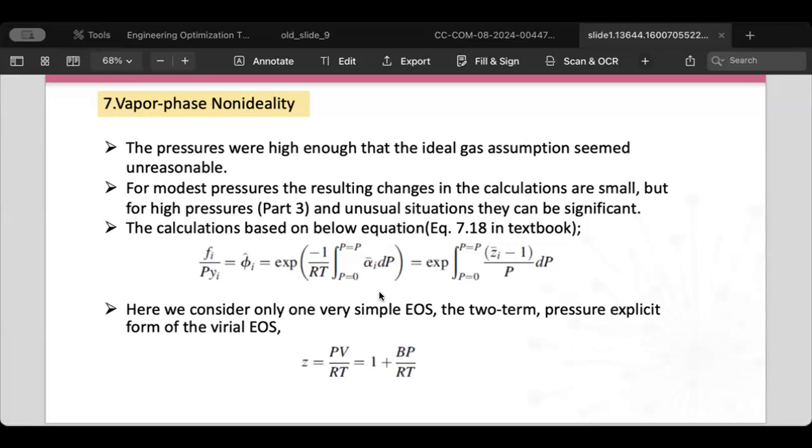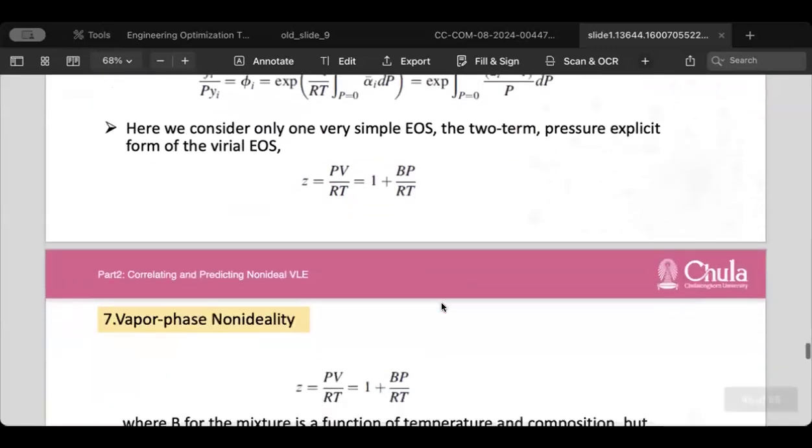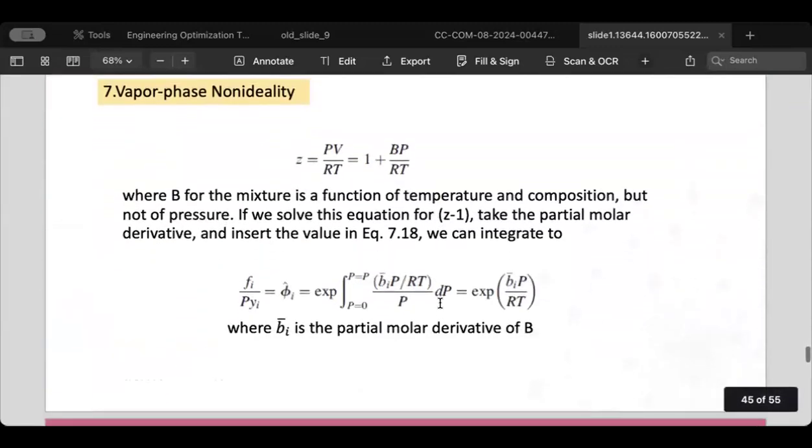Okay. And you can use any EOS you have learned so far, to plug to this equation in order to find the fugacity coefficient.